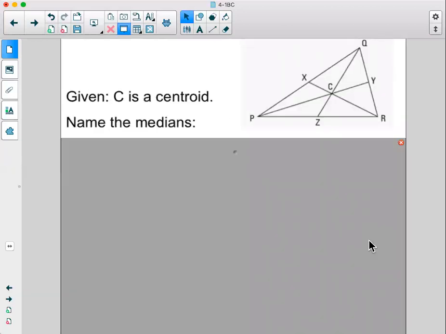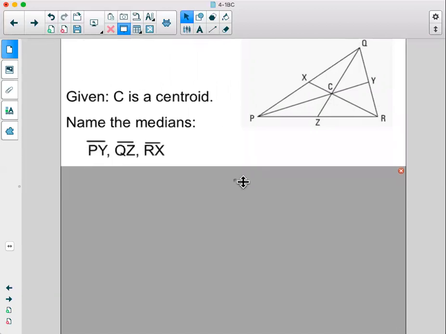So first, pause and name, if you're told C is the centroid of triangle RPQ, the medians of triangle RPQ, and then press play. The medians will be PY, RX, and QZ because we know the centroid is where the medians intersect, and C is where those three segments are intersecting.